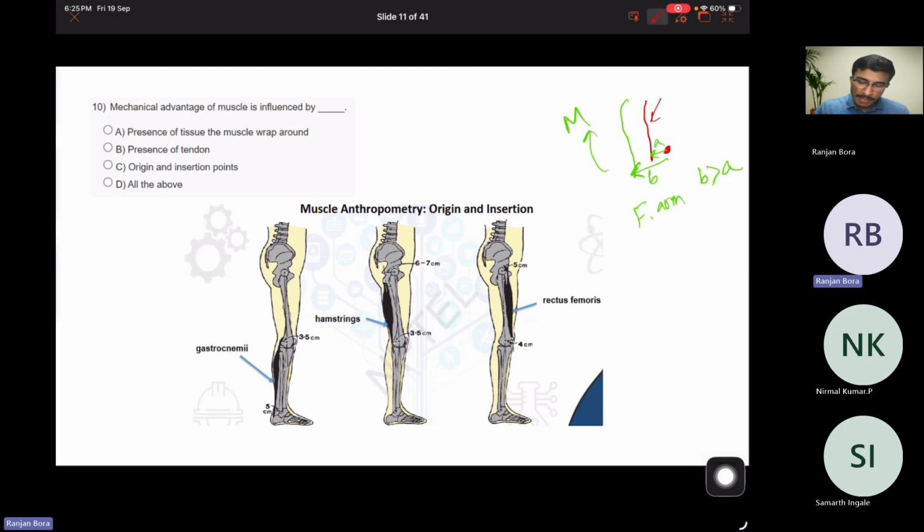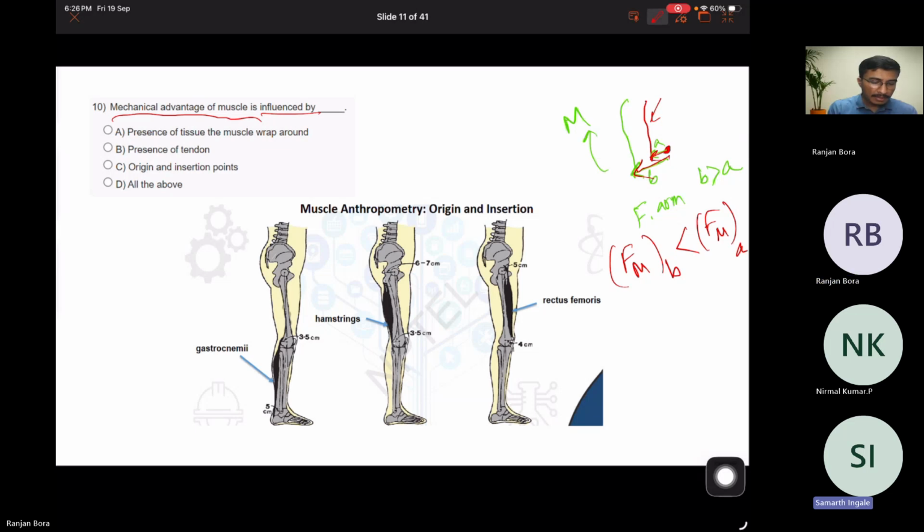So muscle force in case B is less than muscle force in case A, because the moment arm for B is more than for A. This is called mechanical advantage.